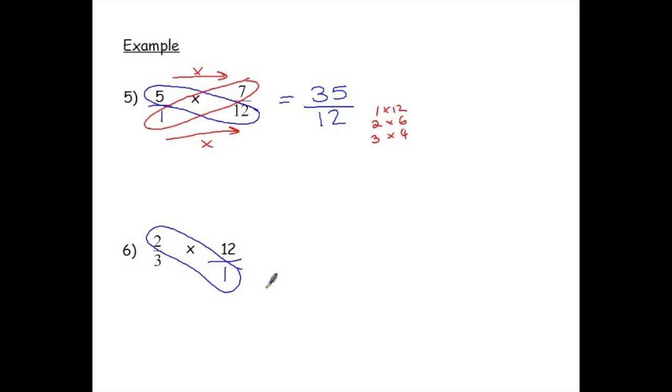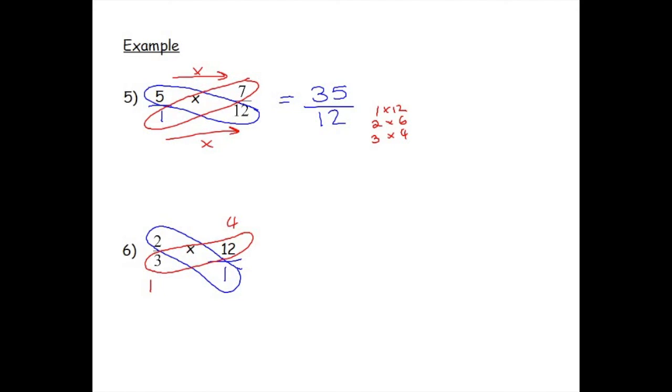Only 1, so that doesn't help us. And we do the same thing with 12 and 3. What goes into both of those? Well, 3 does. So we can divide both of these by 3. 3 divided by 3 is 1. 12 divided by 3 is 4.